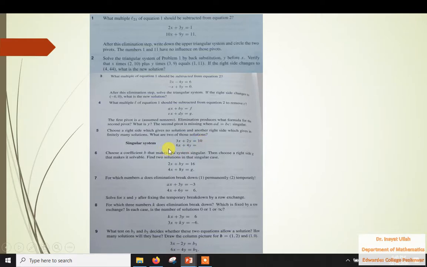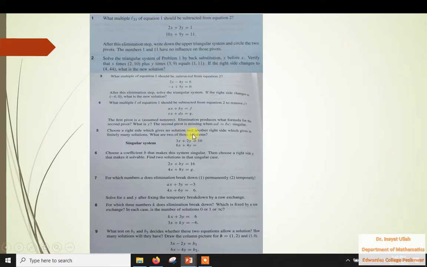Now whenever you subtract these two equations, we will be left with 0 on the left hand side. So the right hand side must be a non-zero number. 0 equal to non-zero means no solution. 0 equal to 0 means infinitely many solutions.